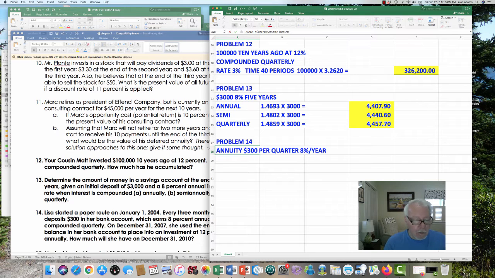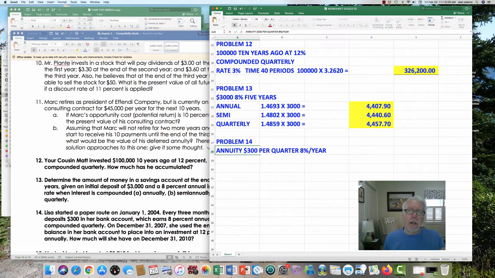Okay. And she's going to do that for how many years? Be careful. This is where people screw this problem up consistently. You start on January 1 of 2004. You finish on December 31st of 2007. How many years is that? A lot of people say 2007 minus 2004, that's 3 years. No, it's not.